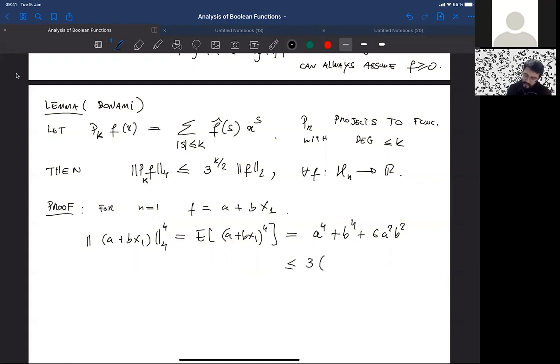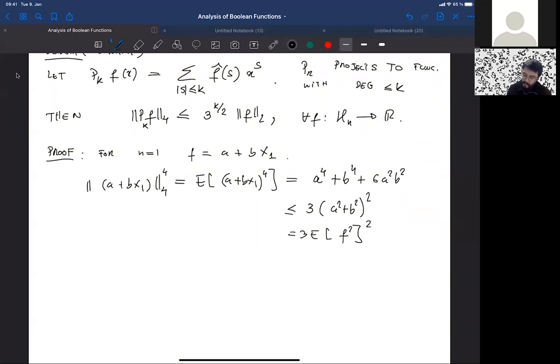And this is definitely less than this, which is 3 times the expectation of f squared, squared. And so if we take the 4th root, then you conclude that the norm 4 of f is less or equal to 3 to the 1/4 times the norm of f in L2, which is definitely less than 3 to the 1/2.